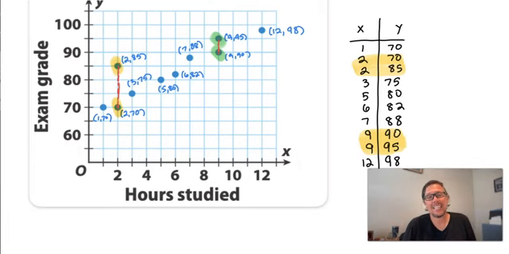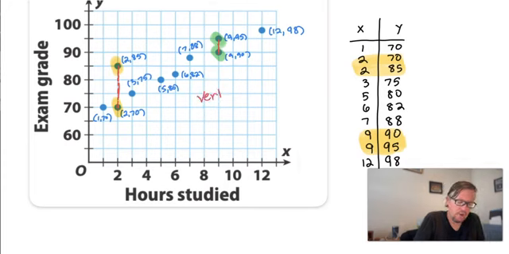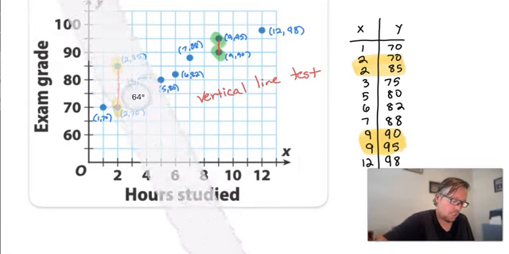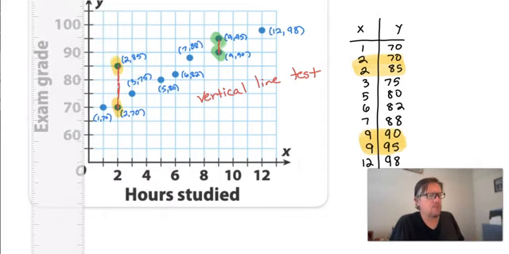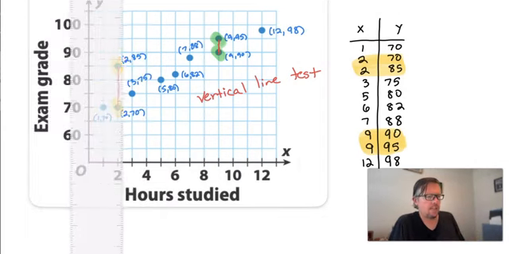And in fact, in math, we check to see if a graph is a function by doing something that is called the vertical line test. The vertical line test is done by taking a straight edge, like a ruler, holding it vertically, so straight up and down, and we move the ruler across the graph, just left to right.